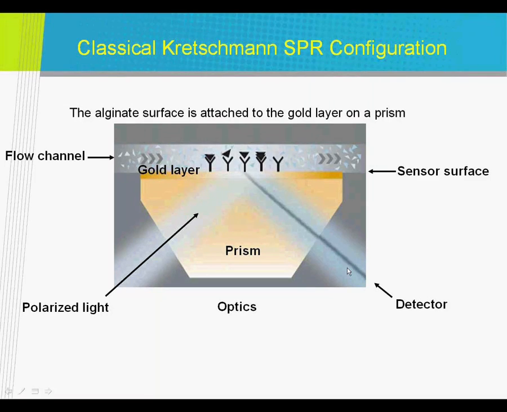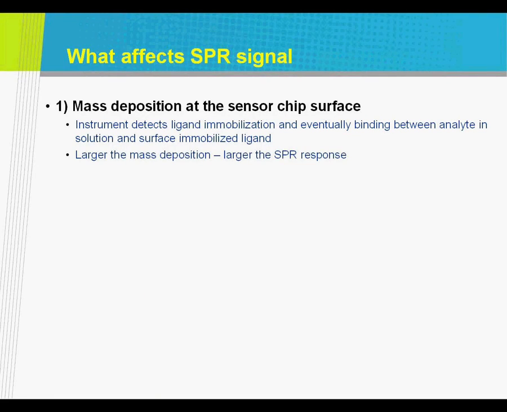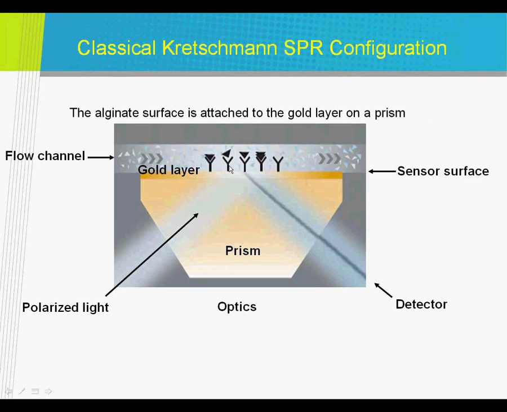Other things that affect the SPR signal is the buffer that flows through the fluidic channel that's located on the other side of the gold layer, and of course this has to deal with the issue of having a mismatch between your sample buffer and the instrument buffer.